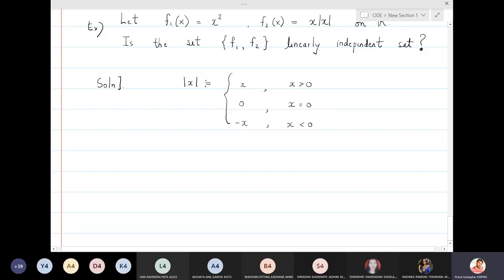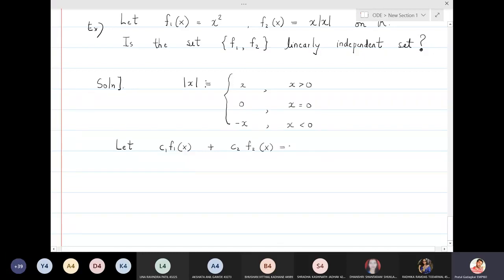Okay, so now let us start with the definition of linearly independent. So let C1 F1(x) plus C2 F2(x) be equal to 0. Therefore C1 into x square plus C2 into x mod x is equal to 0.